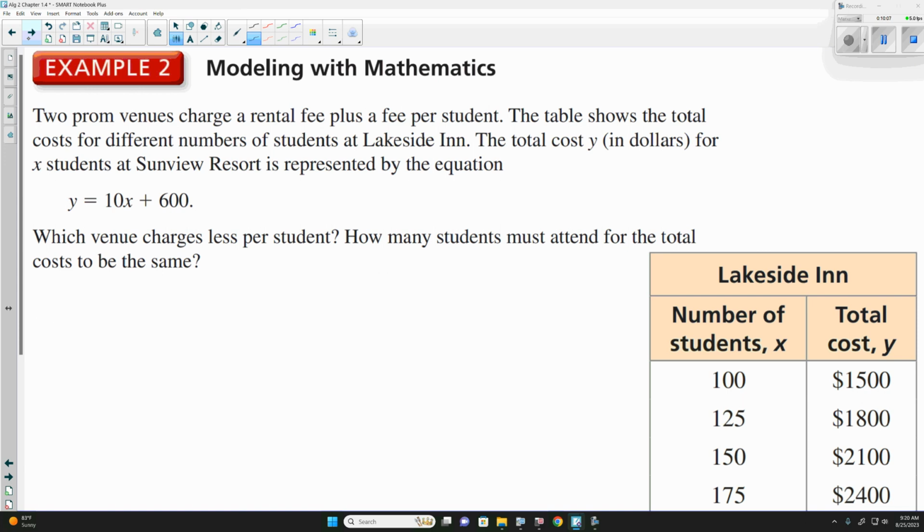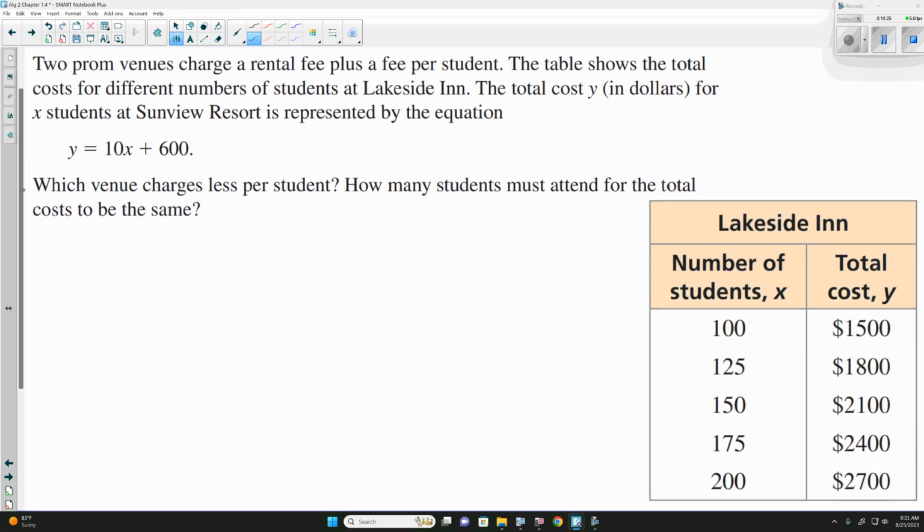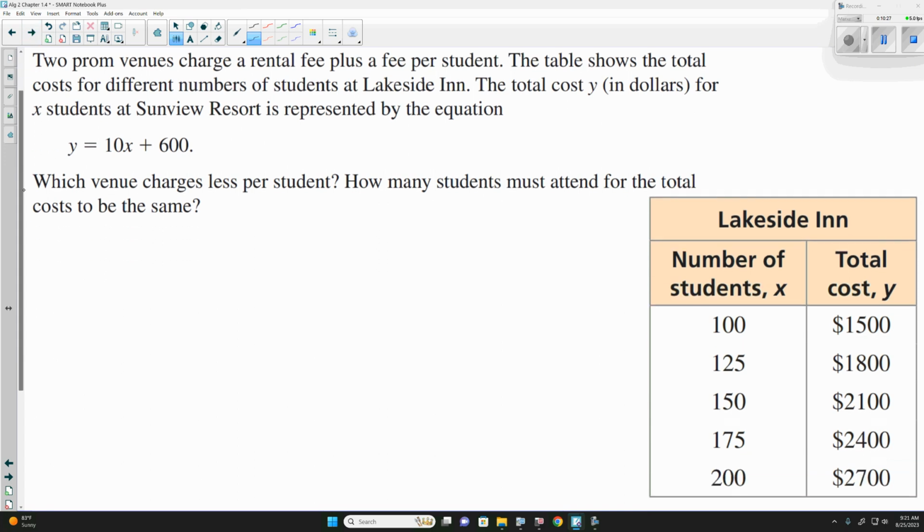Well, it's a little early, but we have 2 prom venues. They charge a rental fee plus a fee per student. The table shows the costs for different numbers of students at Lakeside Inn. The total cost y in dollars for x students at Sunview Resort is represented by this equation.